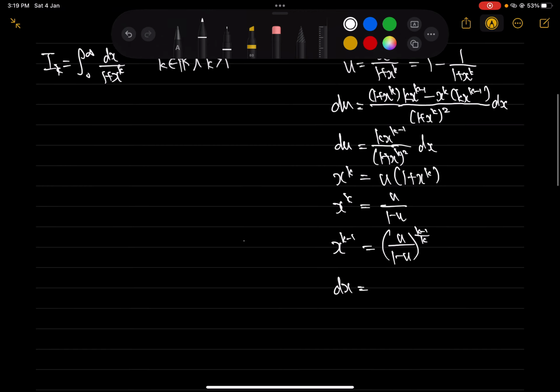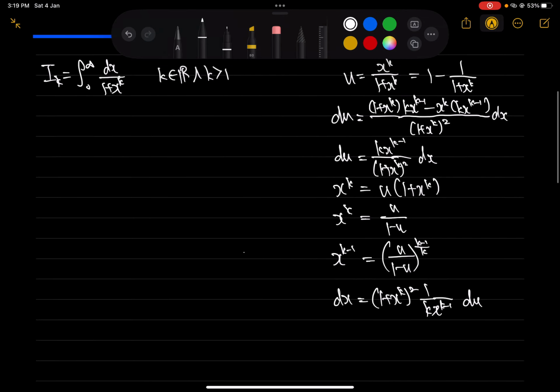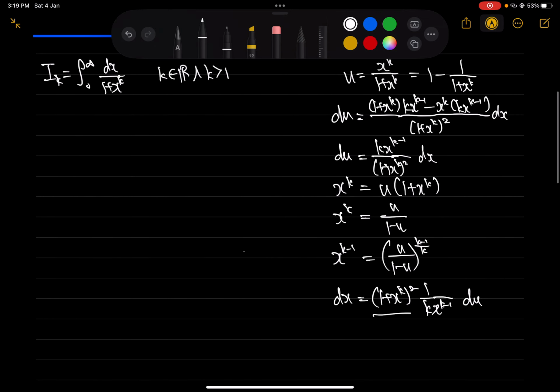So dx is (1 plus x^k) squared, obviously, and then 1 over k x^(k-1) du, which means this one is just 1 over (1 minus u) squared.